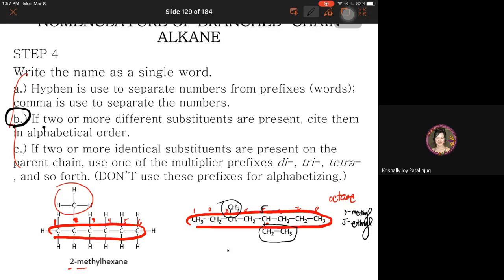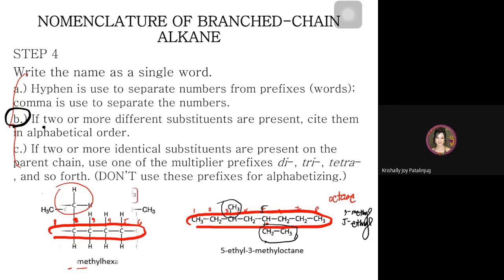So, una ka, 5 ethyl, 3 methyl, then continue, octane. So, that is how to name a branch chain alkane. Ayan. 5 ethyl, 3 methyl, octane. I-master ninyo ha ang branch chain alkane. Sige, next.